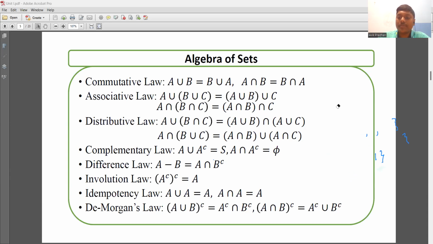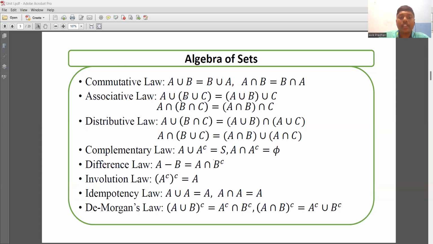The associative law says that if I have three sets A, B, and C, and I take the union of these three sets, then the order in which we take the union does not matter.